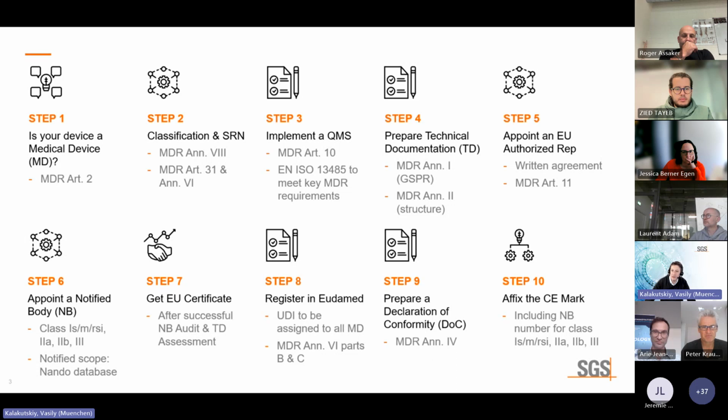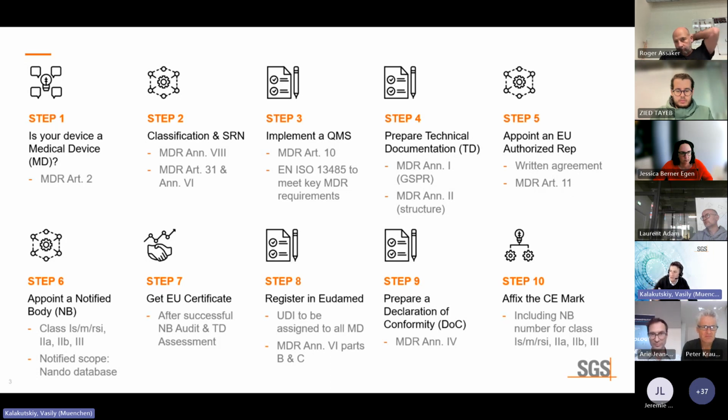So implement a QMS means write it, implement, and get it certified if you want. I recommend the early certification of your quality management system. As soon as you are ready with the procedures, as soon as you know how things will work, it's good to get used to the procedures of the certification body, because ISO 13485 is a good preparation for the MDR.